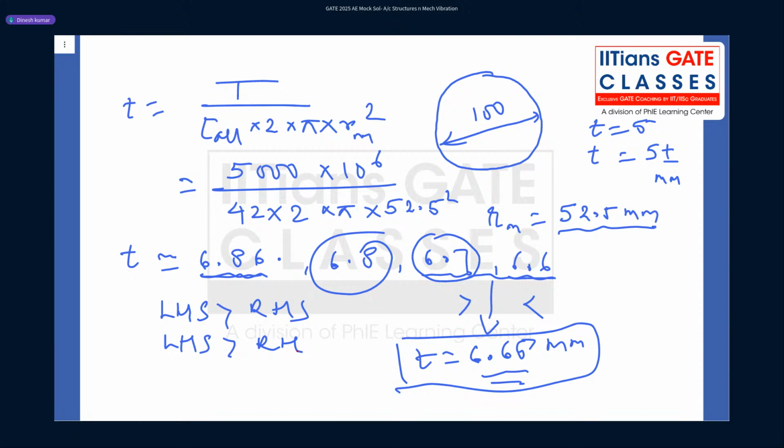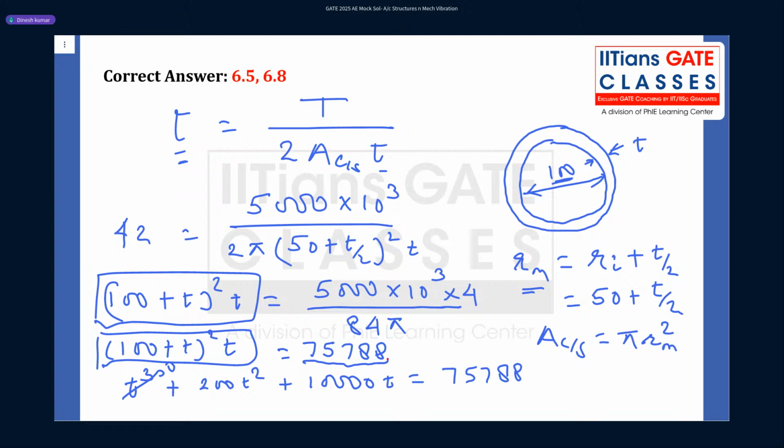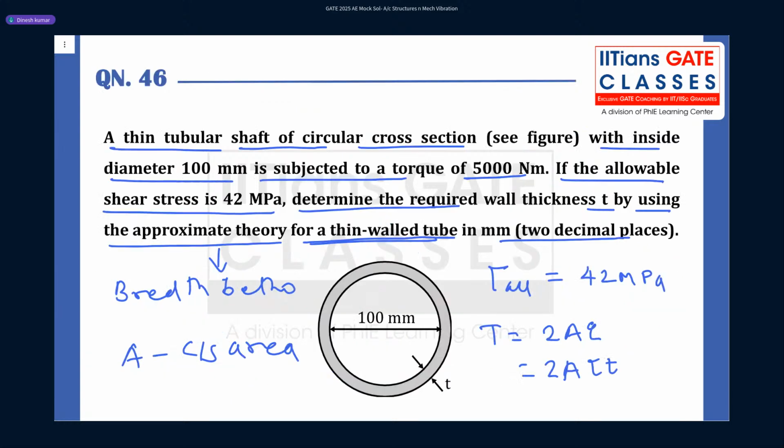And for 6.6, your right hand side is greater than left hand side. So your answer is between 6.7 and 6.6. Is it clear? Everyone, yes or no? And you can see the range given is between 6.5 to 6.8. There is no other way to solve this question if it comes. But the concept is clear, right?